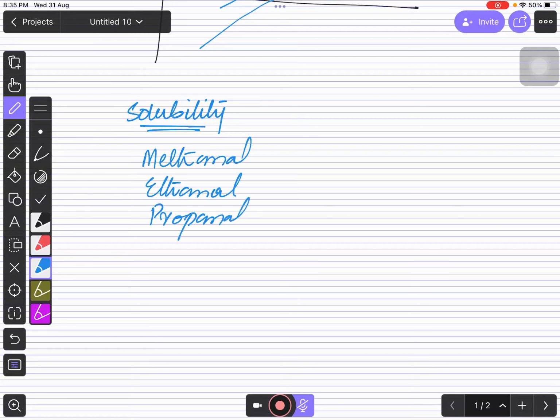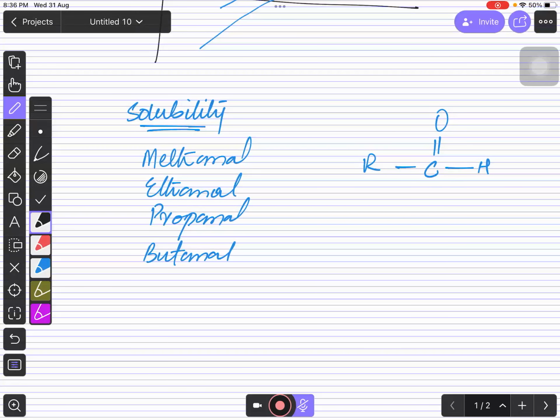We can add butanol over here as well if you want to. It is a slightly soluble substance. These are soluble in water, right? Because they have C double bond O and H. It is just like this. So we know that carbon and oxygen are directly bonded together now.